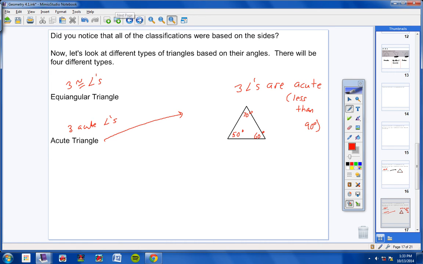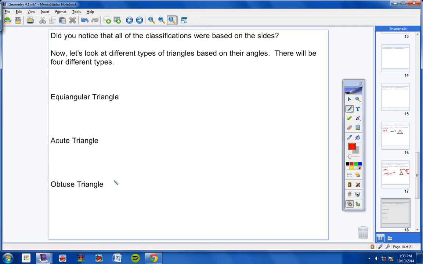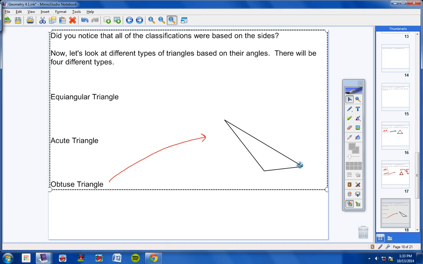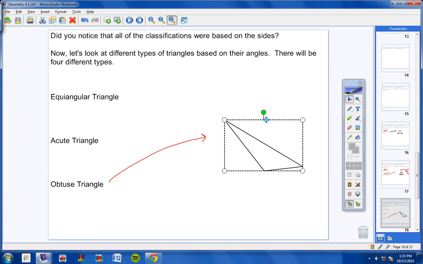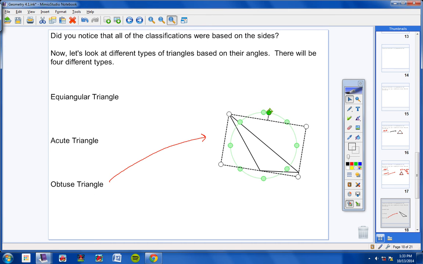Okay, moving on to our next type, obtuse triangle. Now take some really good notes on this, please, students, okay? Draw a triangle that looks something like that, okay? And then make note of this. One angle is obtuse.